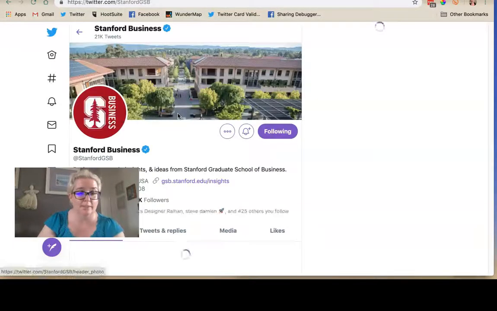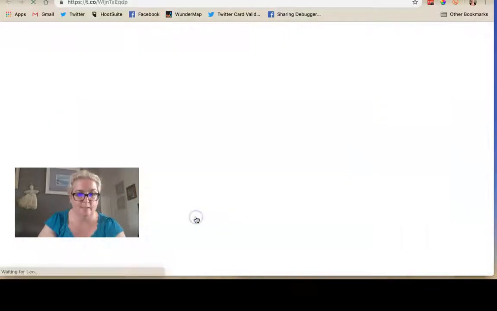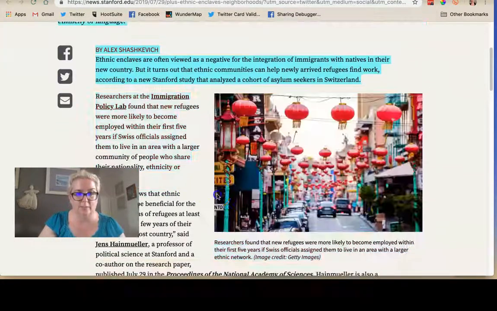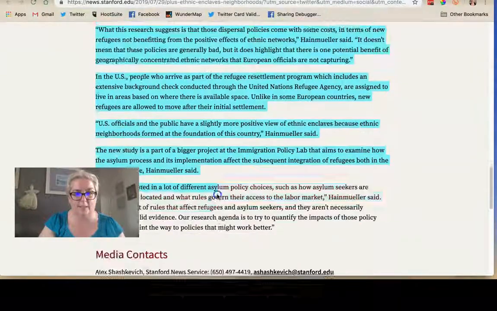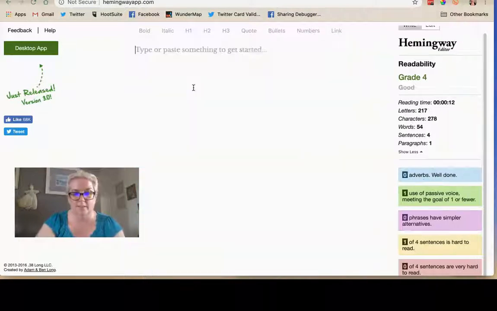That's what happens when you do these things on the fly. You know what I mean? Now, I imagine they're going to be a little bit more difficult to read, but we'll find out. See what Hemingway App says.